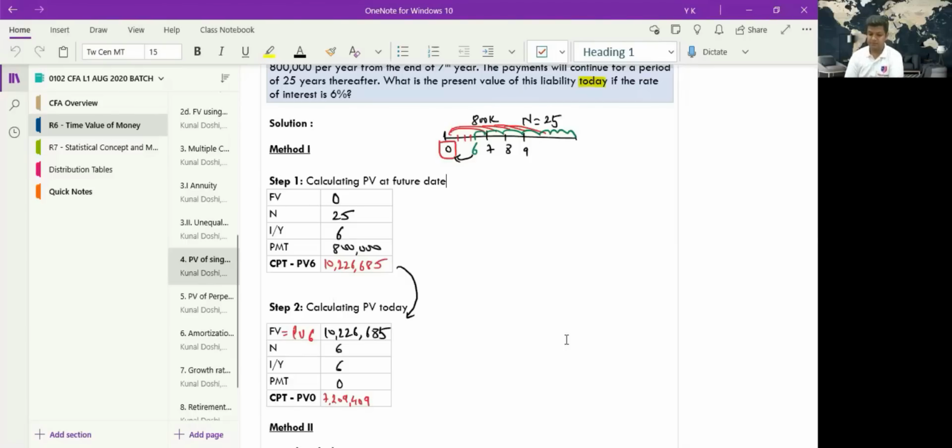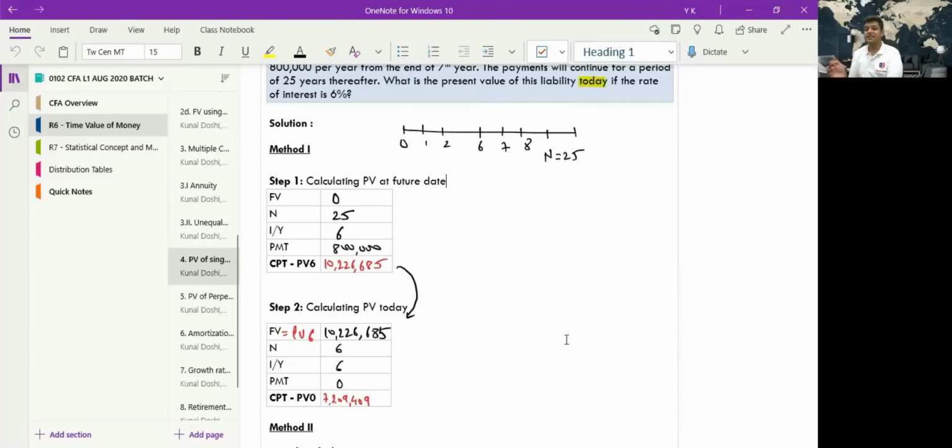Anyone has any questions? Why was all this needed? Let me again draw the timeline. It was all because of the cash flow being very weird. So here, if you look at the timeline, from 0 till the 6th year, 1, 2, 3, 4, 5, and 6th year, you had no cash flow. And from the 7th year, your cash flow started and continued for the next 25 years.